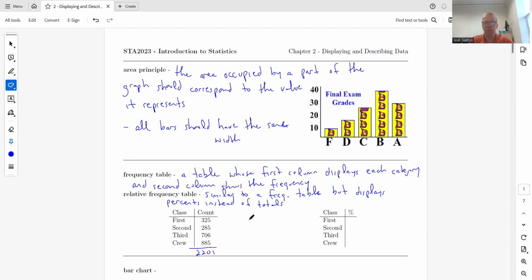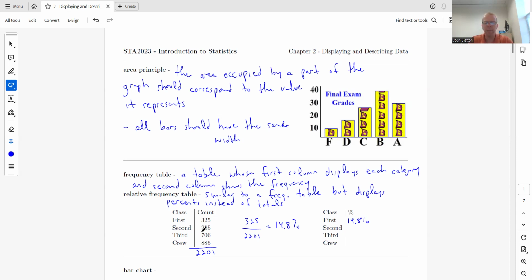So of course, we'll take 325 divided by 2201, and that comes to 14.8%. We'll go there. And we can do the remaining categories the same way.